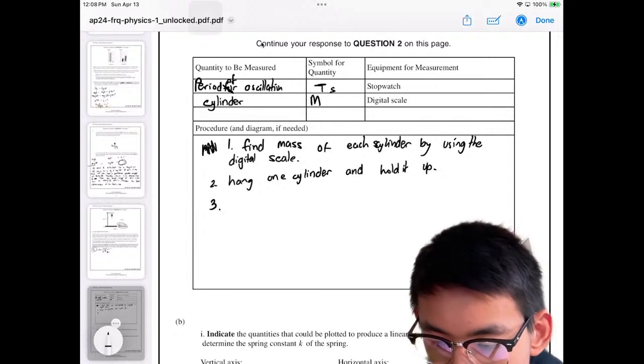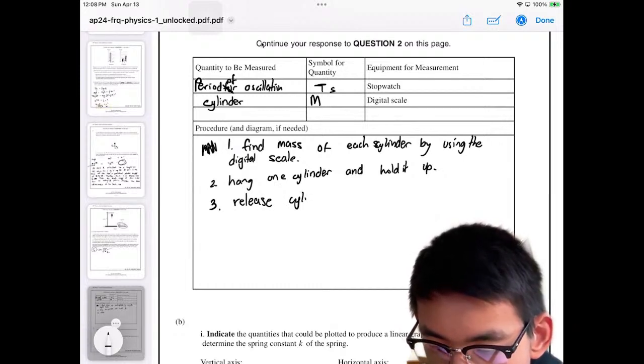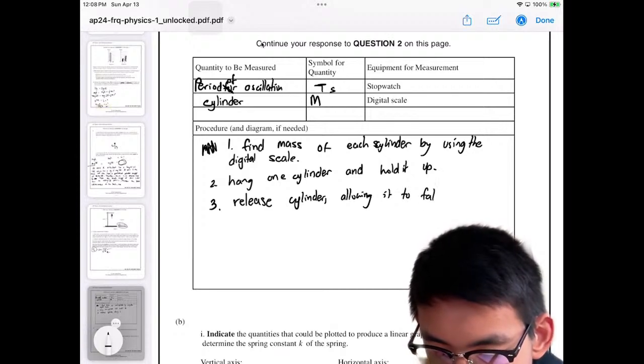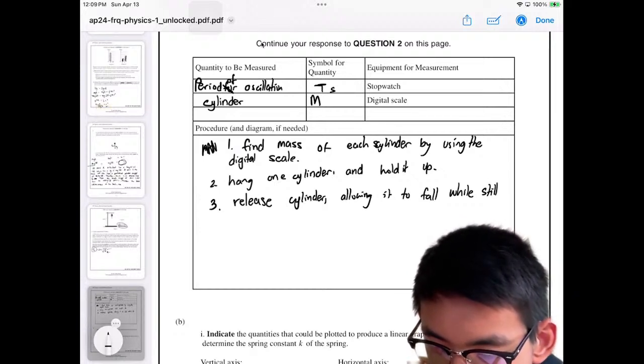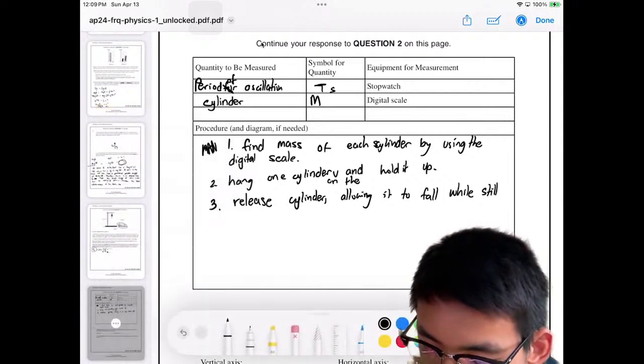And then I'm going to release the cylinder, allowing it to fall. While it's still, shoot.